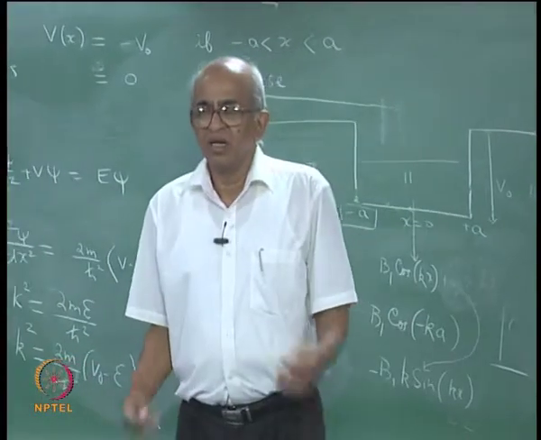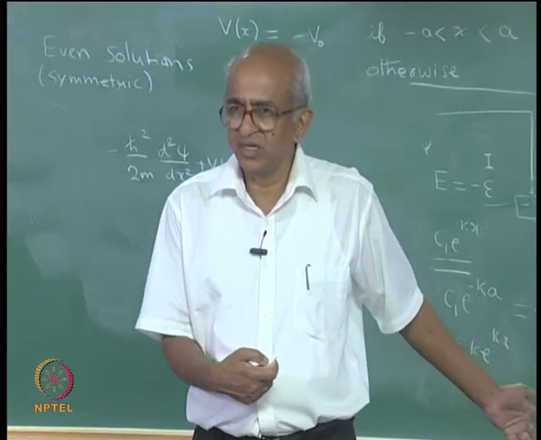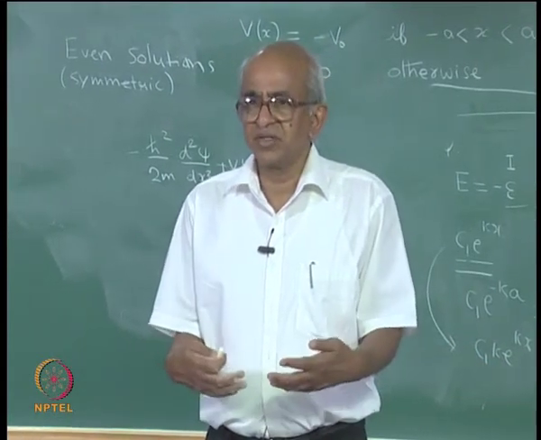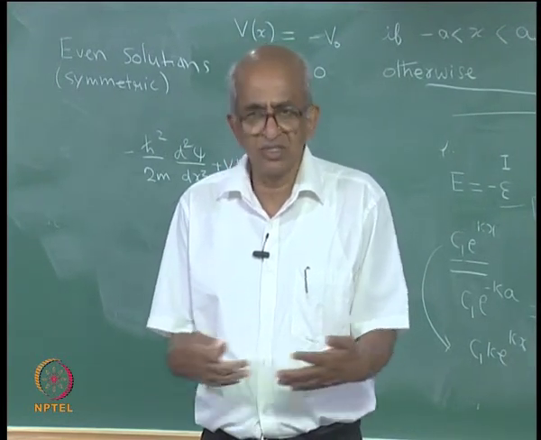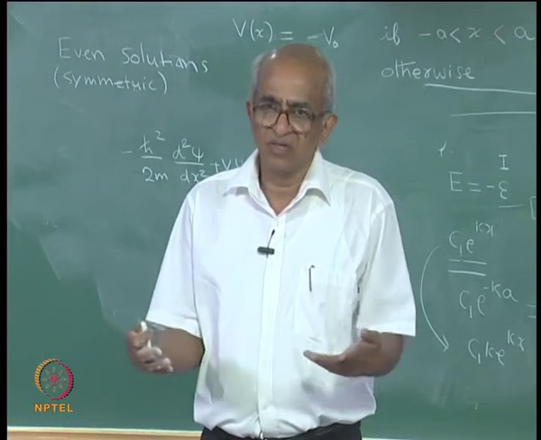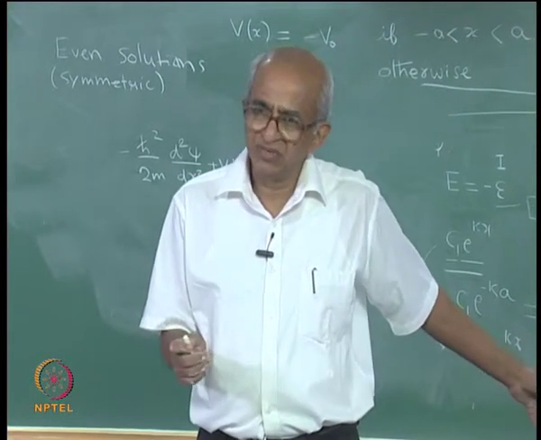And if you are to get an acceptable solution, then this equation has to be obeyed, and it is clear that this will not be satisfied for any arbitrary value of epsilon. There are only certain values of epsilon which will satisfy that condition.